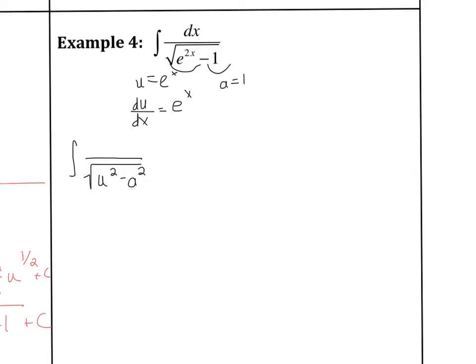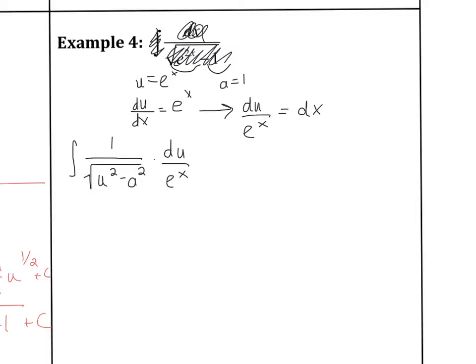Technically we could write u squared minus a, but we know it has to be u squared minus a squared to fit the format that we want. And that takes care of the entire denominator. Now I need something that's exactly equal to dx. And look what happens here. Something that's exactly equal to dx is du over e to the x. So let's write that. I'll just put a 1 as a placeholder, du over e to the x. And that takes care of the dx.